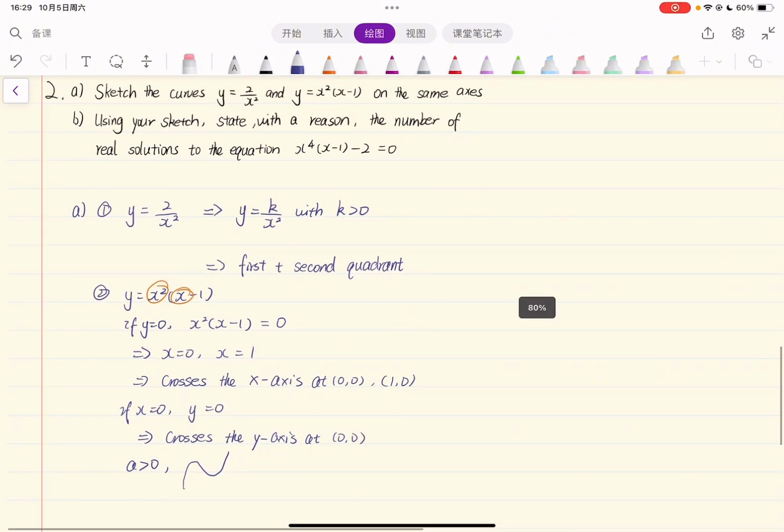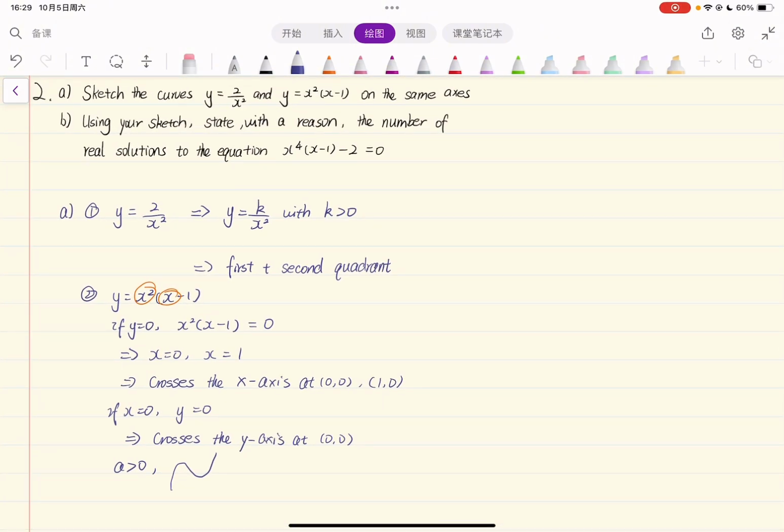Now we can sketch both graphs on the same diagram. First we draw y equals 2 over x squared. We know it is in the first and the second quadrant, and it has asymptotes x equals 0 and y equals 0. This is y equals 2 over x squared.